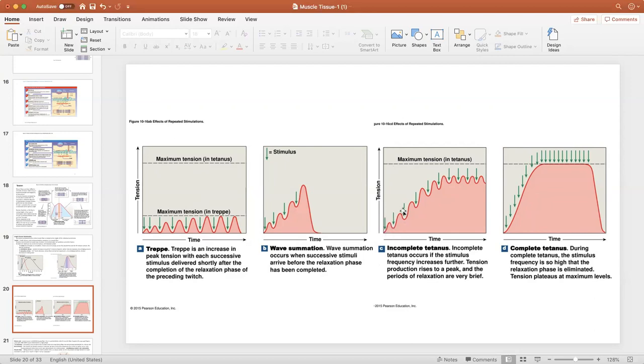So the stimulus occurs more frequently, very rapidly, and maximizes the tension. There's some relaxation, so it can't get to maximum tension in incomplete tetanus, but it has a very short relaxation phase. And then with complete tetanus, we have no relaxation phase, just complete stimulation until we reach maximum tension load.